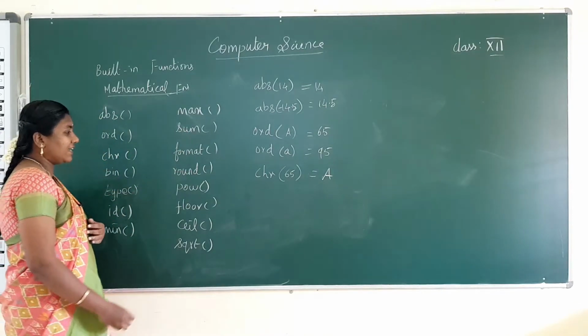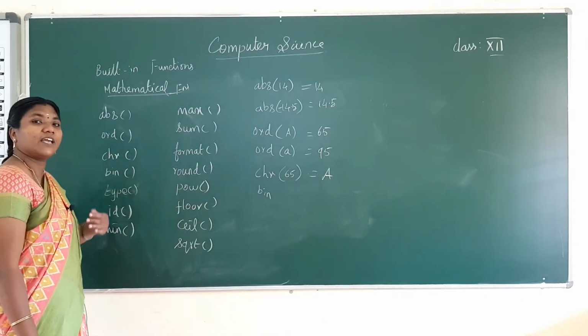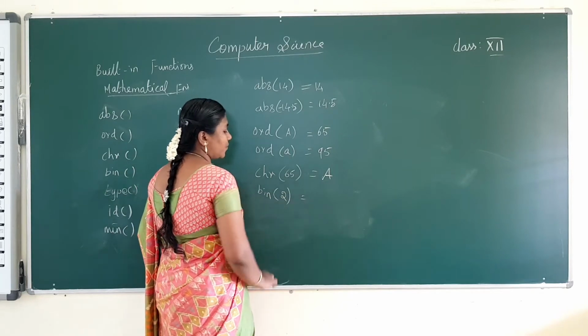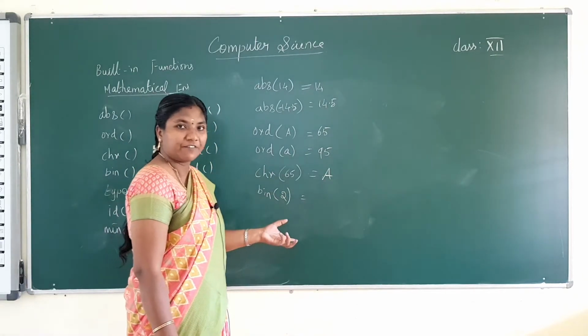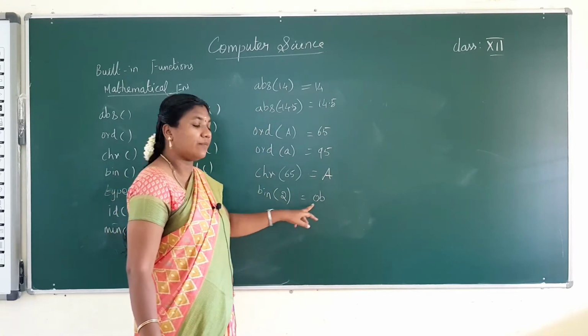Next one, binary, that is BIN. It will give the corresponding binary value. Suppose I am giving bin of 2, it will give the corresponding binary value with the prefix 0b.